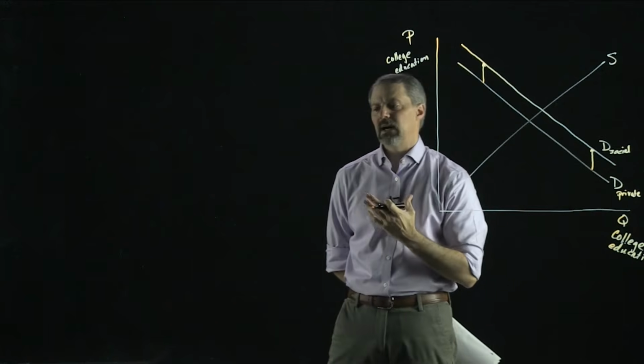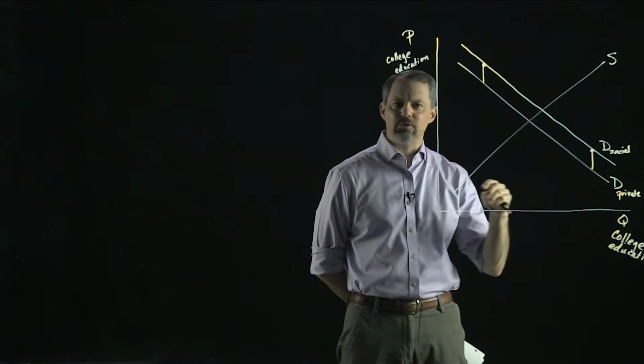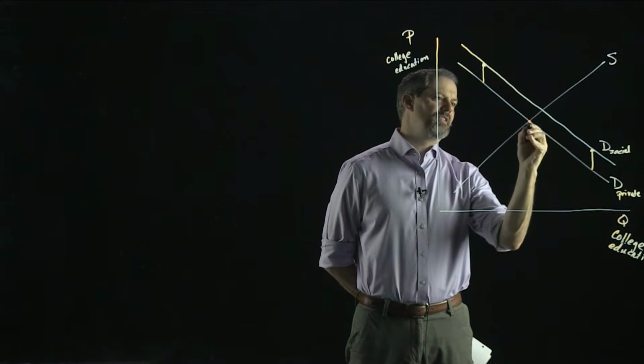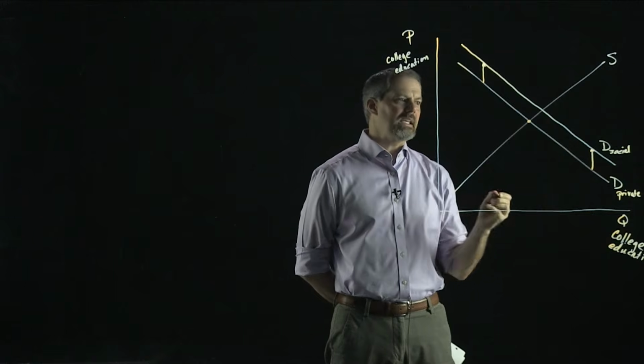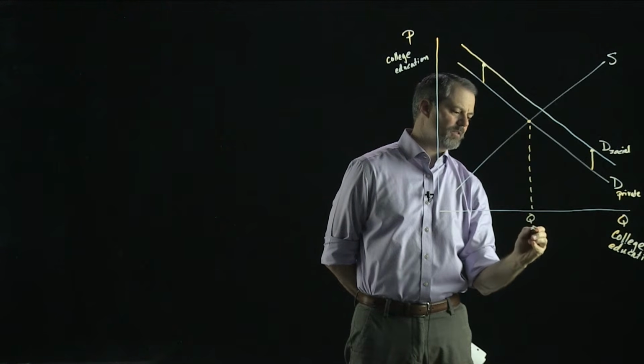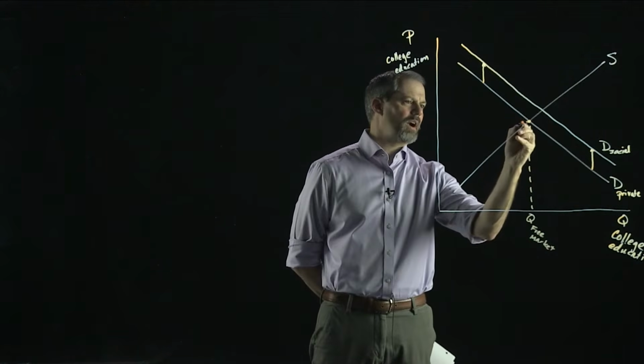Now, if we were to think about where the free market goes, well, individual students are going to respond to their own private benefit. And so this would be the outcome in a free market. We'll call that Q, free market. And this would be the price.